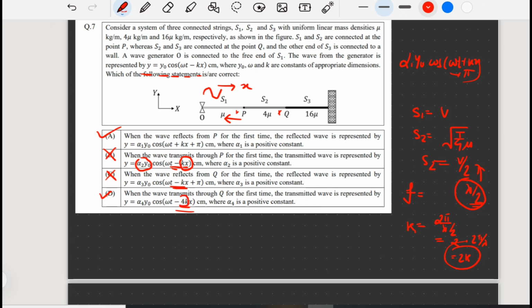The coefficient of x is given as 4k. From μ to 16μ, if the wave has velocity v in the μ medium, in the 16μ medium the velocity will be v/4. That means the wave number changes to 2π/(λ/4), that is 4k. So it is given correctly. So options A and D are the correct answers.